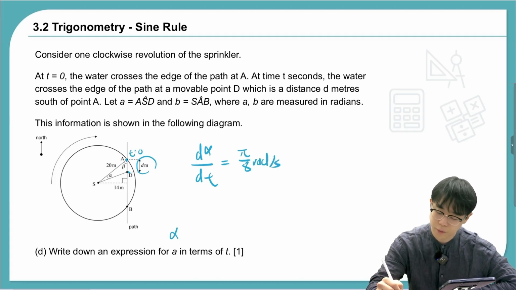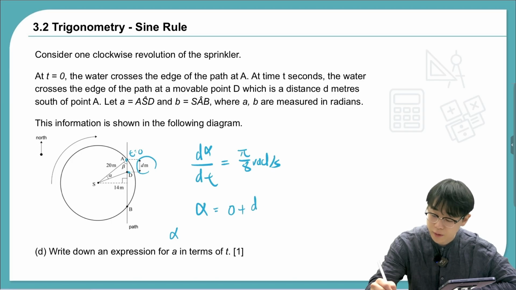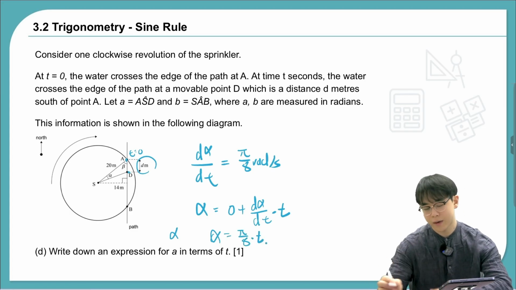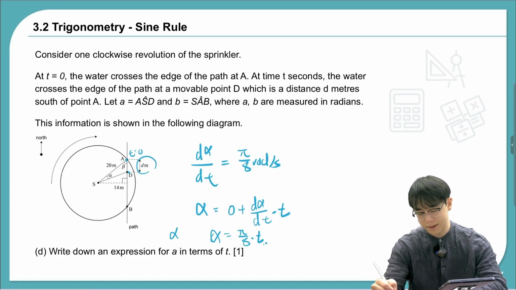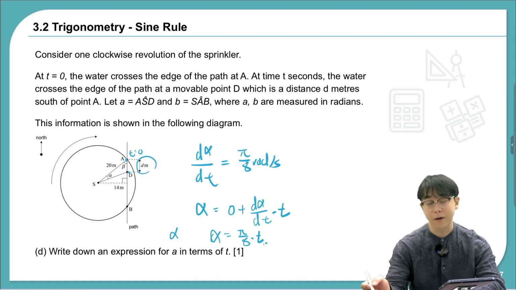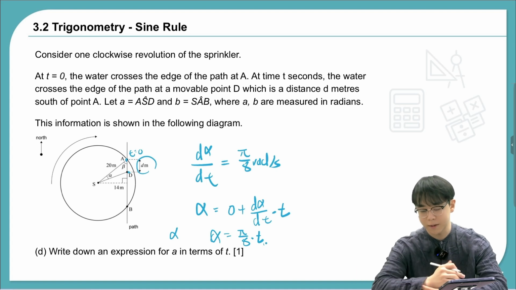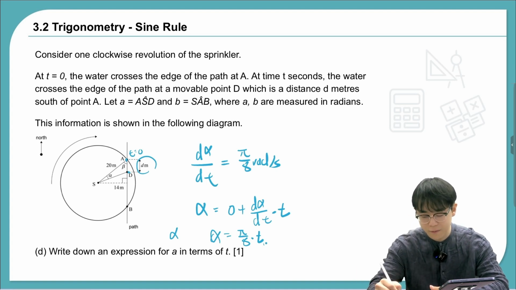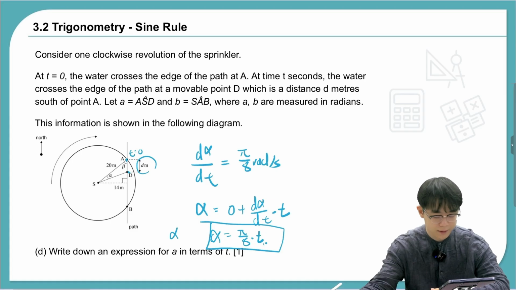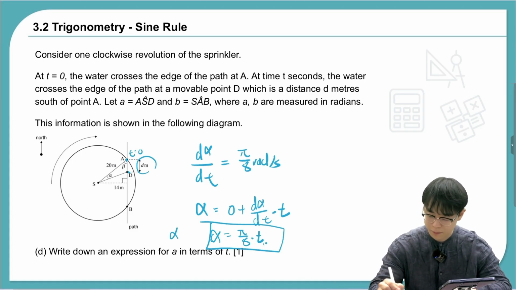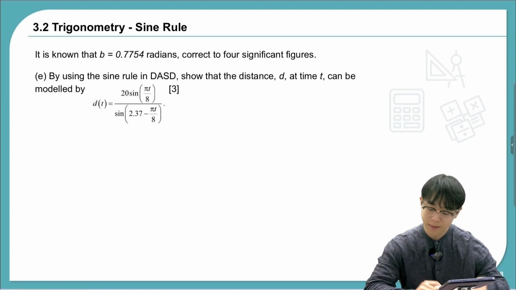So if you want to know what this angle alpha is, we start from 0, and then we do d alpha over dt times time elapsed. So alpha would just be pi over 8 times t. So when t is 0, alpha is 0. If t is 1 second, alpha would have increased by pi over 8 radians. If t is 2 seconds, it would have increased by 2 pi over 8 radians, and so on. So D is pretty simple. Alpha is pi over 8 times t.